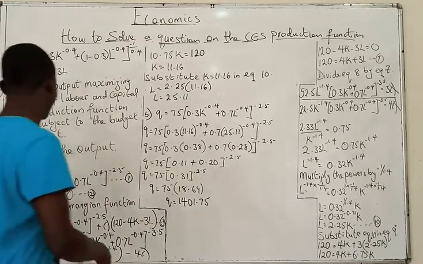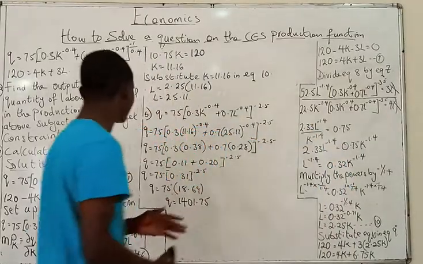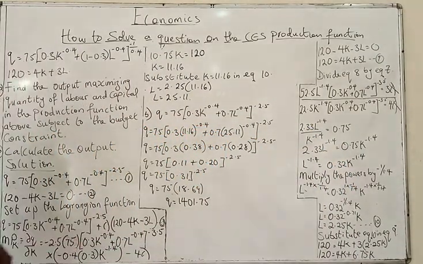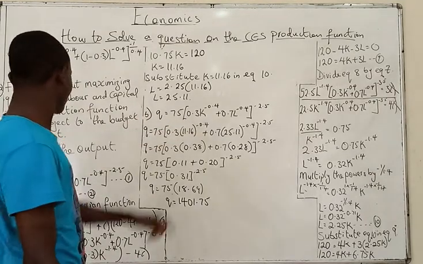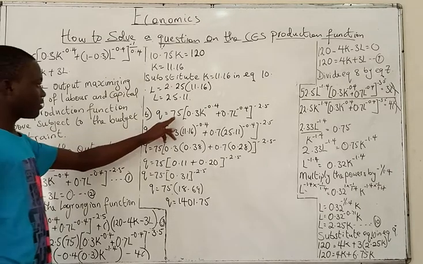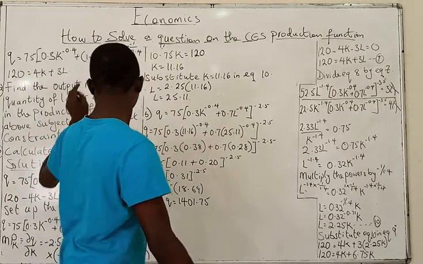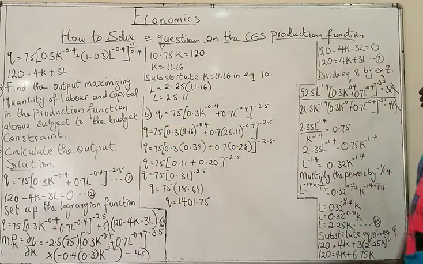Question B says calculate the output. So we have to calculate the optimizing output at this particular point. So Q equals 75 into bracket 0.3K, you know, the function of quantity when we began. Q equals 75 into all of this, then minus 2.5, because minus 1 over 0.4 is minus 2.5.